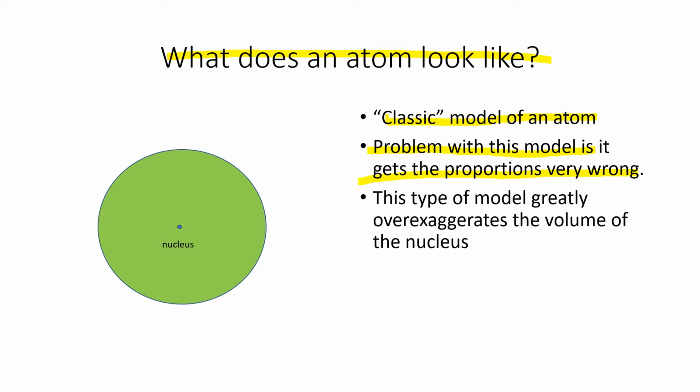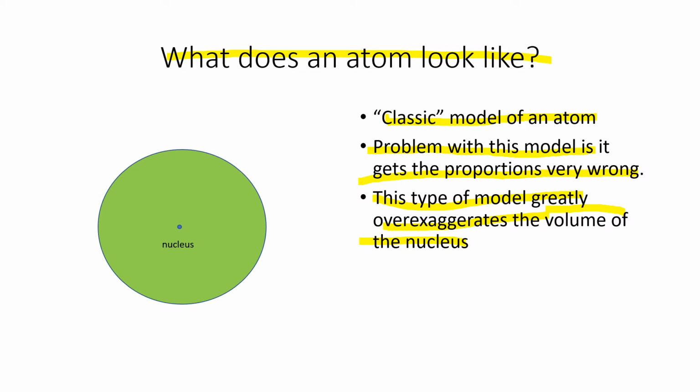This type of model greatly over-exaggerates the volume of the nucleus. So it's not realistic. Even if you were to make the nucleus the smallest dot imaginable, even that would probably greatly over-exaggerate the volume of the nucleus. The nucleus is very, very, very tiny in terms of how much space it actually takes up.